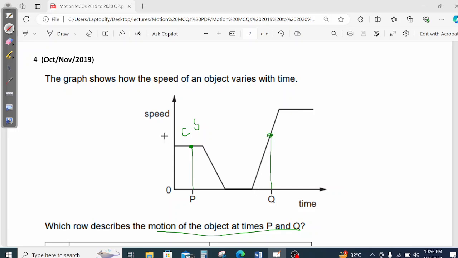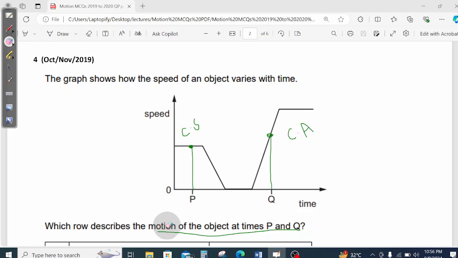In a speed-time graph, when you look at a straight line moving in the upward direction, it means the body is moving with constant acceleration. Another way to say constant acceleration is that the body is moving with uniformly increasing speed. I will add here constant acceleration, CA. Is it clear?